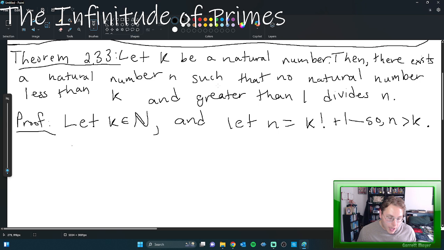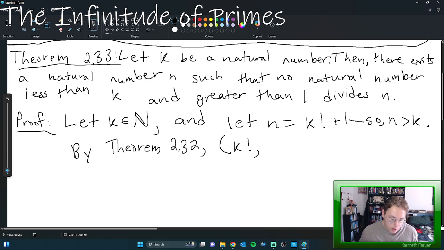So then, by theorem 2.32, k factorial and n have a GCD equal to 1 because n is 1 larger than that factorial.